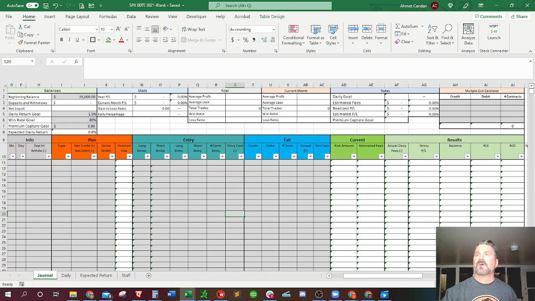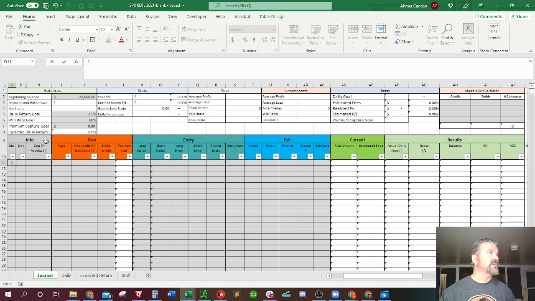So I'm just going to put a couple trades in from January, and then I'll probably put my entire month from February in, just so you can see what 1 month's numbers would look like, and how it gives you all the information you really need. But just to give you an idea, we'll start with just a few trades from January.